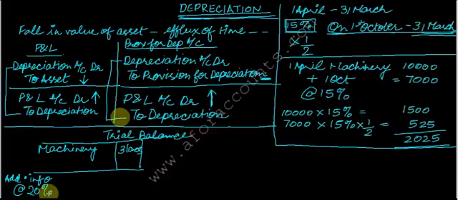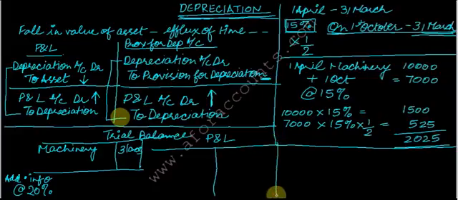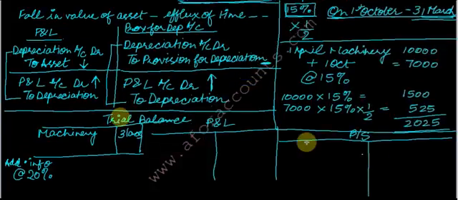So what effect will I have? Two things will be affected. One is the profit and loss account, and the other is the balance sheet. These are my shortcut names because I don't have enough space, but always write profit and loss account as profit and loss account, balance sheet as balance sheet.